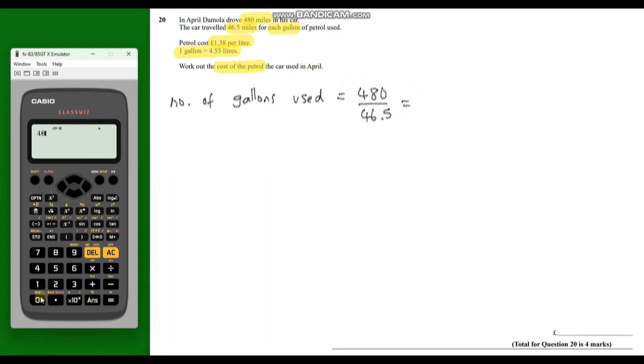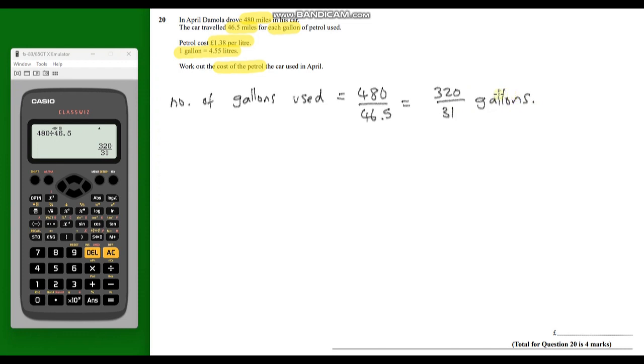So 480 divided by 46.5, and we get a horrible recurring answer here. So I'm just going to leave it as a simplified fraction. So 320 over 31. So that's gallons.